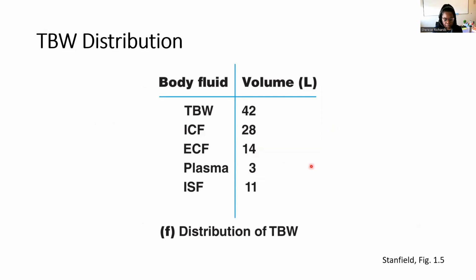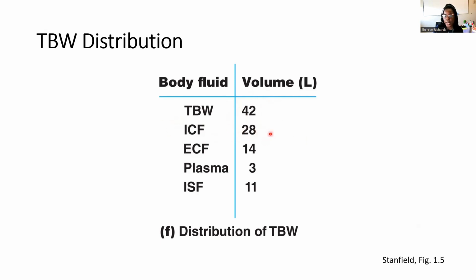All right. So if we think about the total body water distribution, just to reiterate what we just described, all the water in our body is our total body water. It's usually about 42 liters. All the water inside our cells is going to be our intracellular fluid compartment.